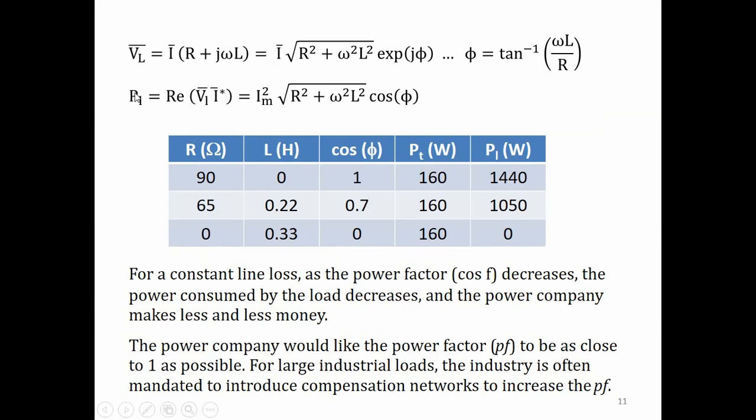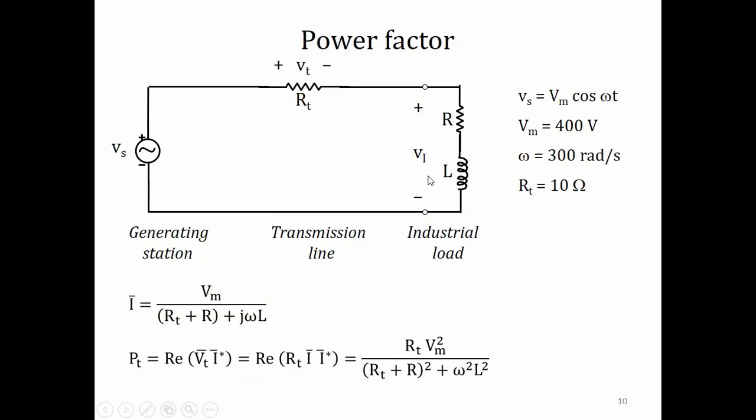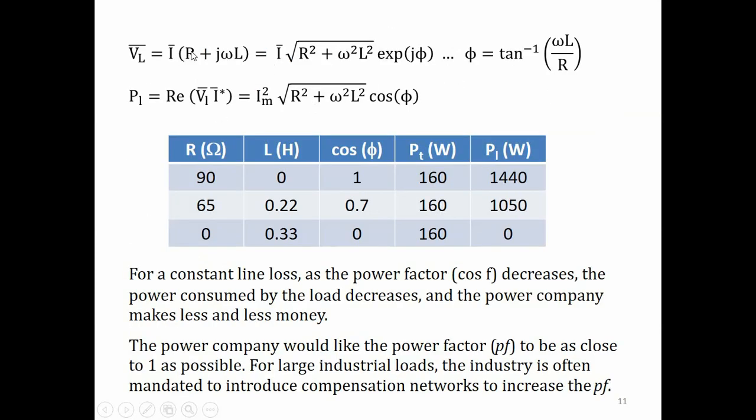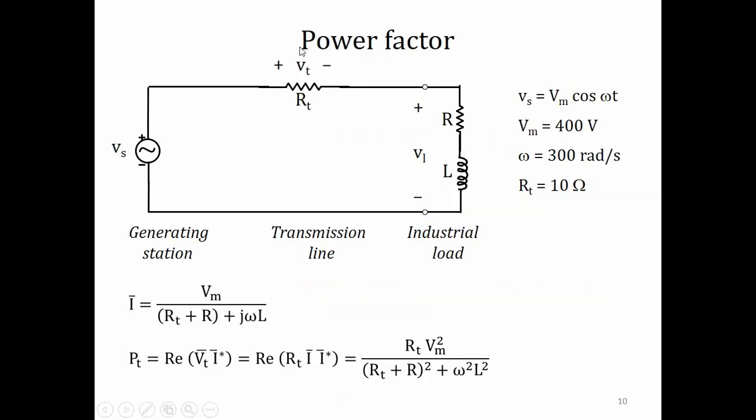All right. And the power consumed by the load can similarly be found. The voltage is I times the impedance, and the power is real part of VL times I star, which is this quantity. All right. Now, what I want to do is let us compare. Let us think that this power is being supplied to three different industries with three different load characteristics.